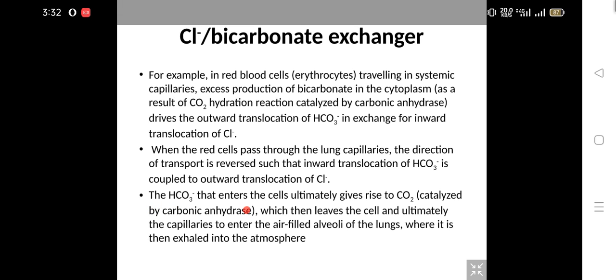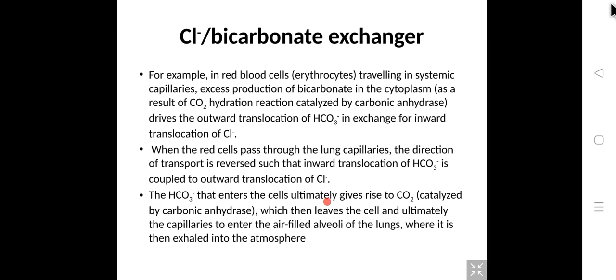The bicarbonate that enters the cells ultimately gives rise to carbon dioxide, catalyzed by carbonic anhydrase, which then leaves the cell and ultimately the capillaries to enter air-filled alveoli of the lungs, where it is then exhaled into the atmosphere.